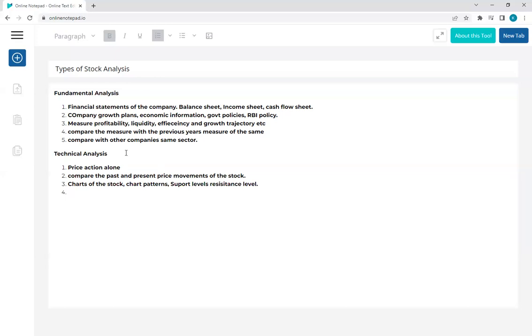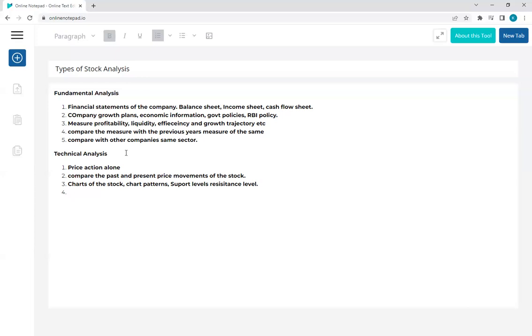Generally, having both analyses in hand is very helpful for decision making, because sometimes a company may be fundamentally strong compared to other companies in the same sector, with a good growth trajectory and good upcoming plans, but if the price is at a resistance level in the technical analysis, there will be chances of selling, which makes the price go down.